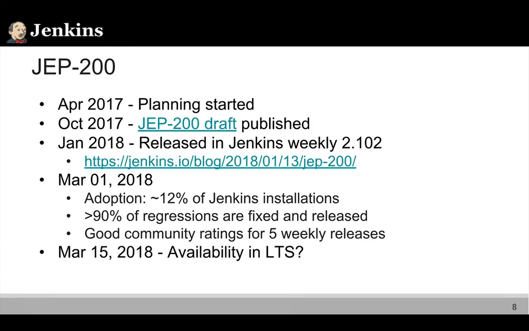Okay, regarding the background, we started planning this change 1 year ago, when it became obvious that the state is not sustainable. The first draft of JEP-200 was published in October. There is a link, so if you're interested, you can go there.